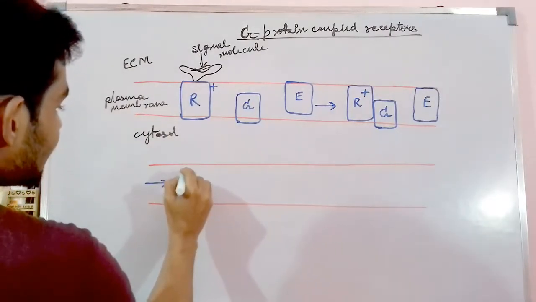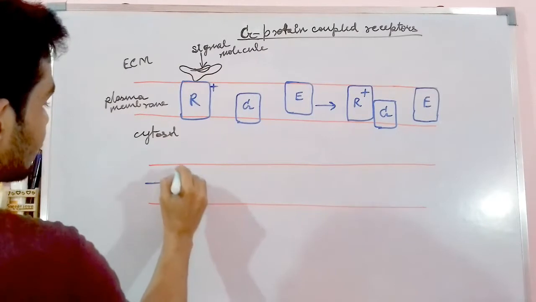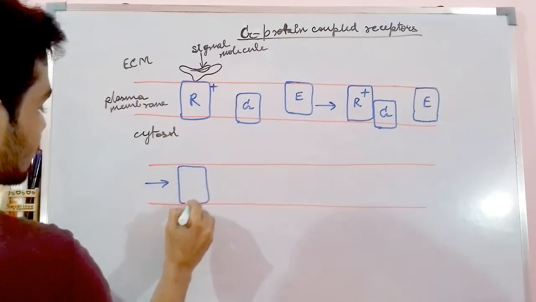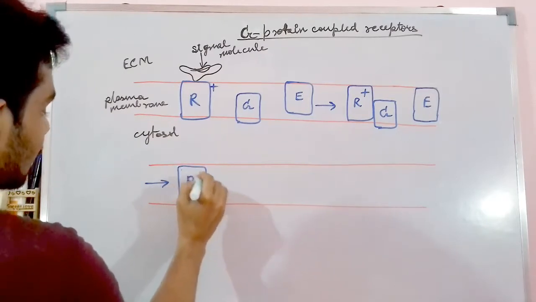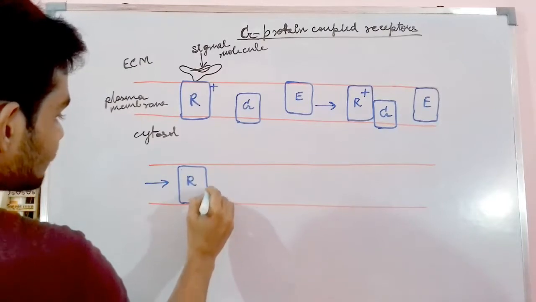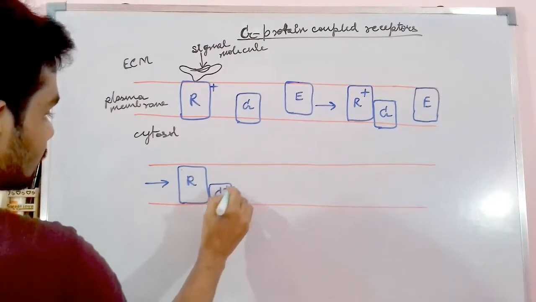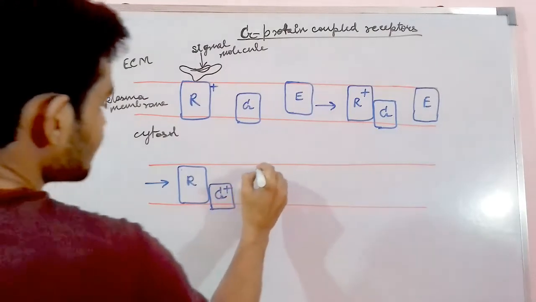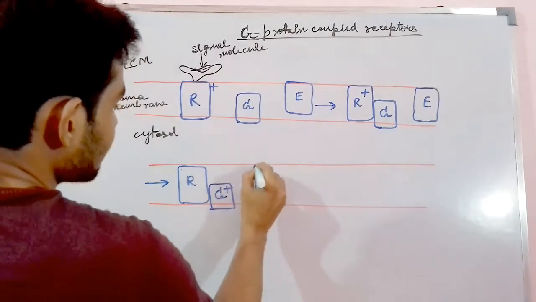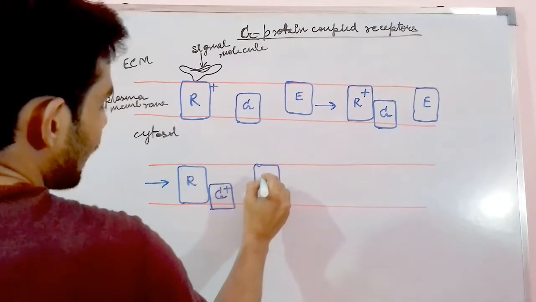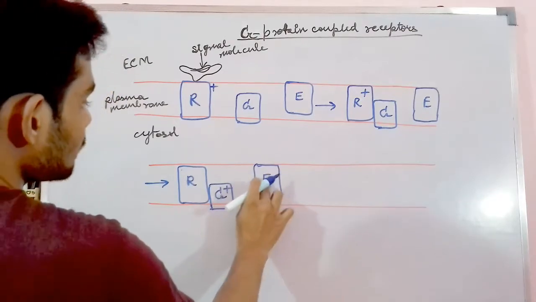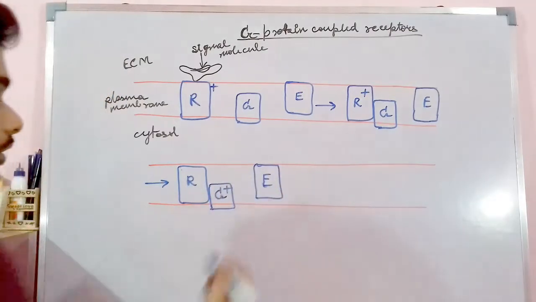This G protein would get activated. The receptor molecule, which is already activated, would activate the G protein. The G protein would achieve the plus sign, the activation sign. And the effector molecule is still loosely present at that stage also.